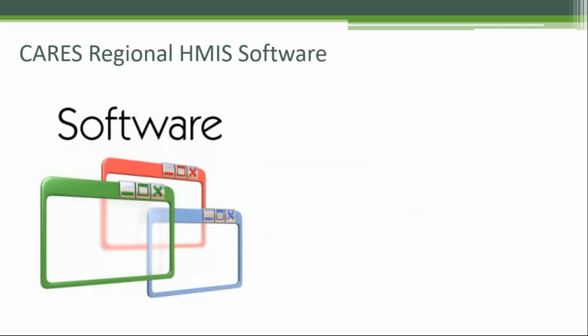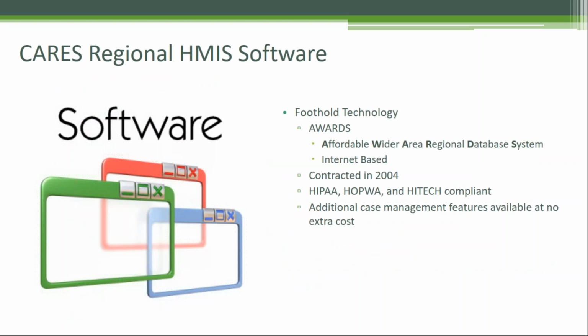CARES Regional HMIS, we contract with Foothold Technology, and we use their software that's called Awards. Awards stands for Affordable Wider Area Regional Database System, and this is internet-based, so there is no software or anything that needs to be downloaded on each machine that a user uses.